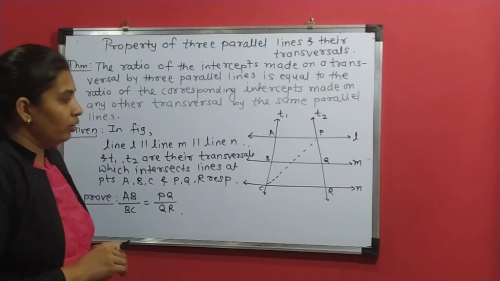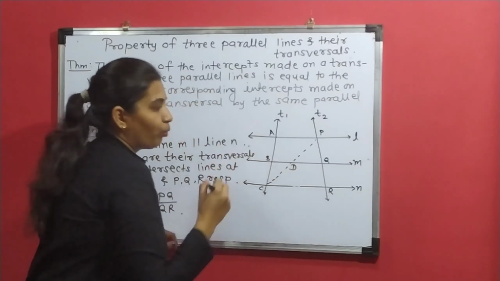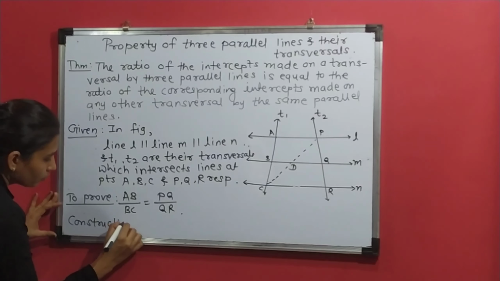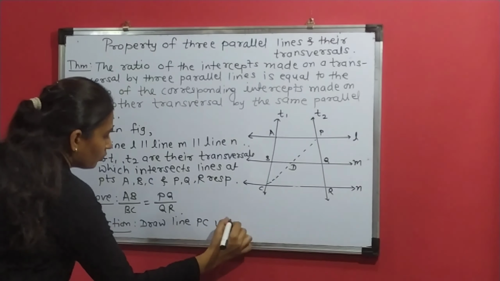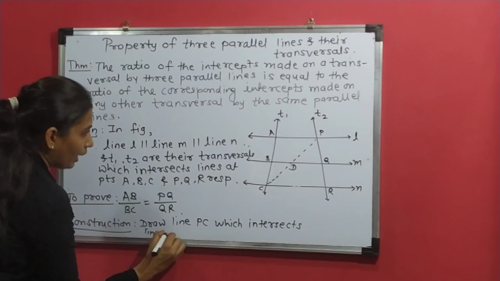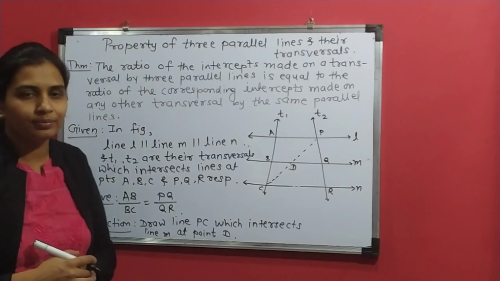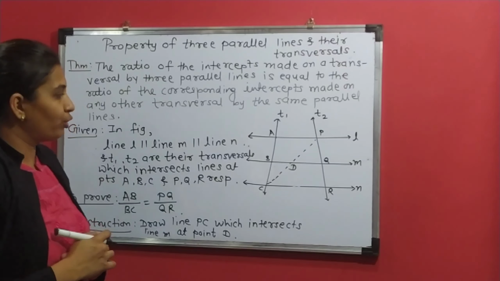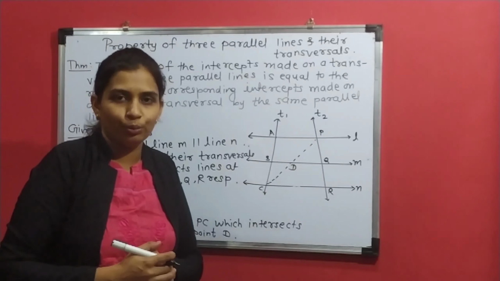So I have drawn a segment PC which intersects line M at point D. So our construction will be: draw line PC which intersects line M at point D. Okay students, this is our given, to prove, and construction. Now we have to prove that AB upon BC equals PQ upon QR.